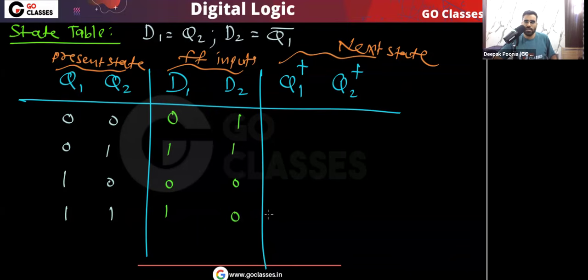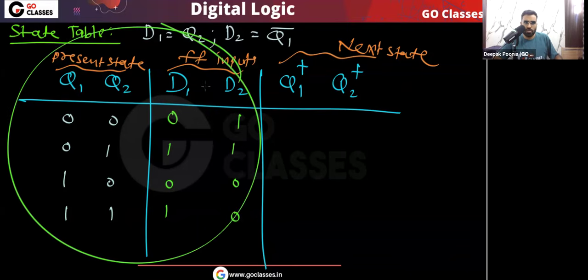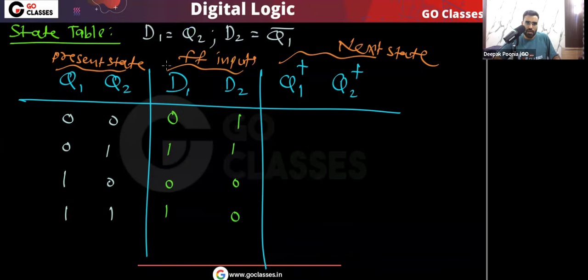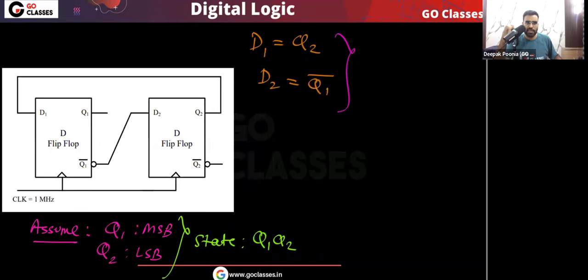Now, from these two columns, present state and flip flop inputs, we will find the next state. Notice one thing: both flip flops are D flip flops, and in a D flip flop we already know that the next state is the same as the D input. Whatever is the D input, that will become the next state. So Q next is same as the D input.